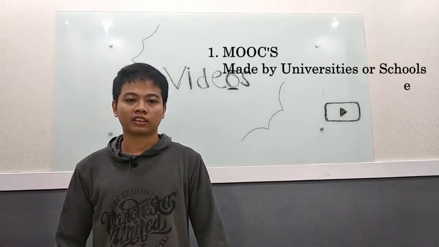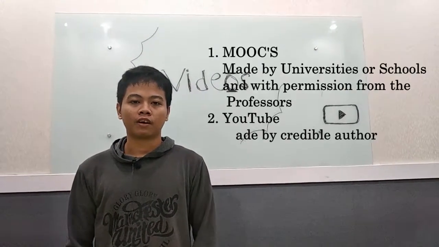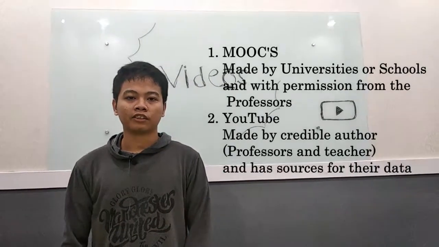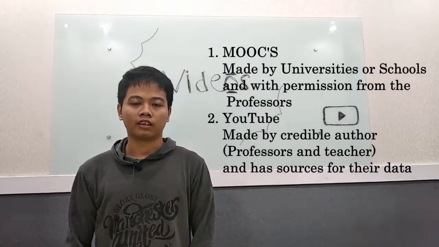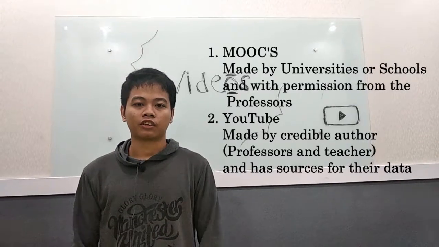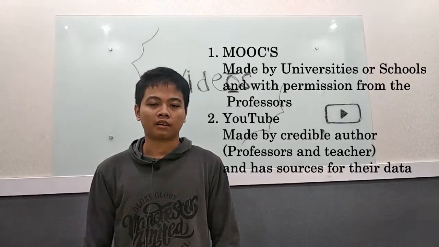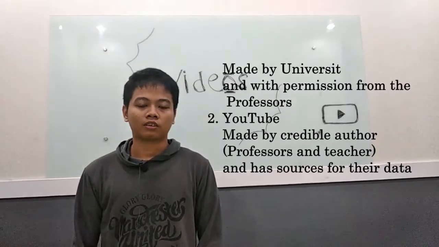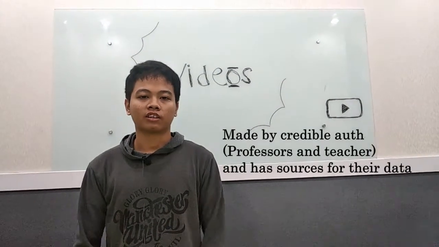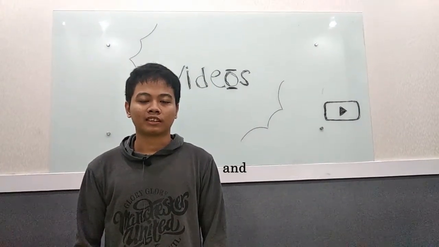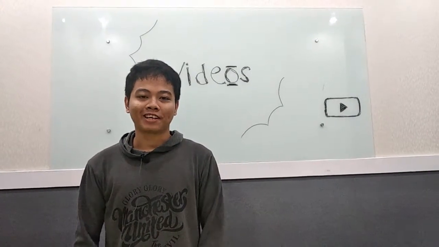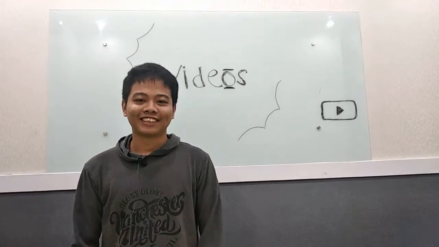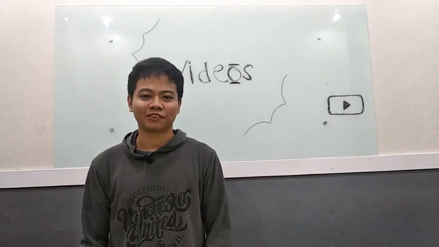YouTube can be considered a credible source of video if the video is made by a professor and it also has sources on it. And then MOOCs, or massive open online courses, are courses made by academics, and there are also sources on it.